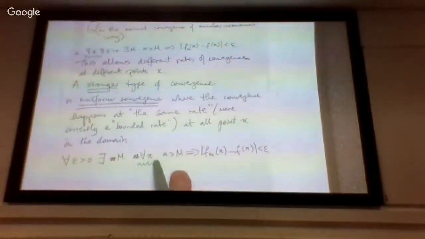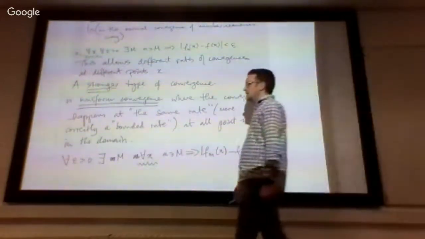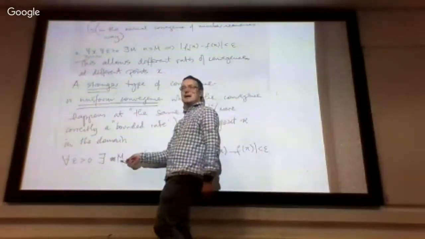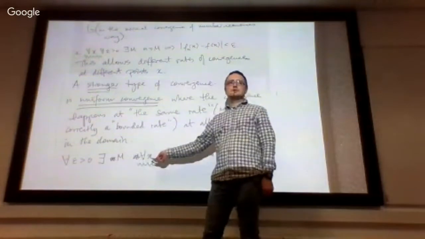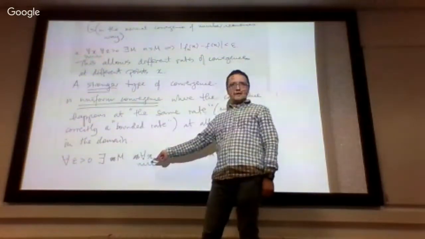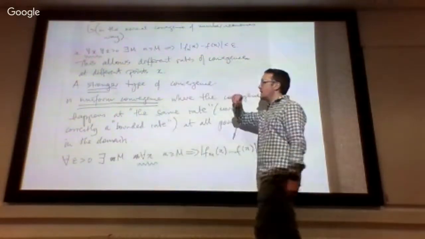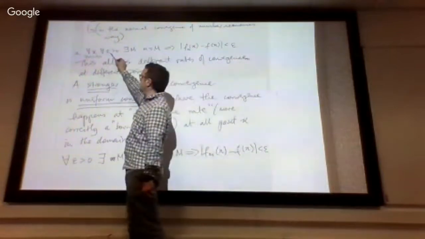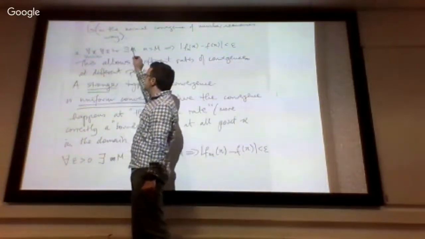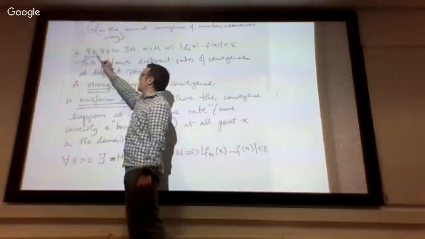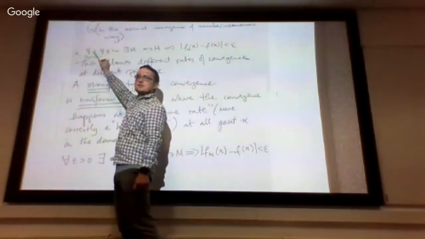So for a given epsilon, there's a single point, capital M, that works for all x, in the uniform case. Whereas in the pointwise case, it's possible that for a given epsilon, there be different values, capital M, at different points x, okay?